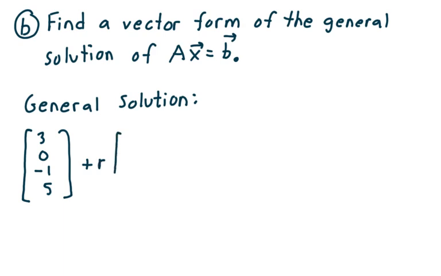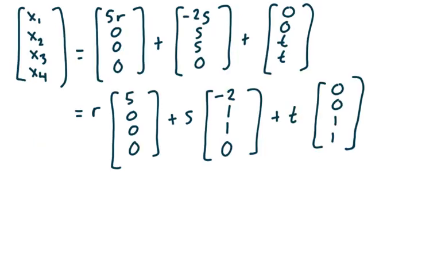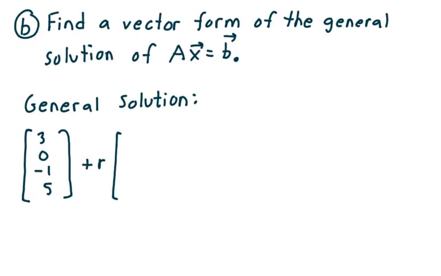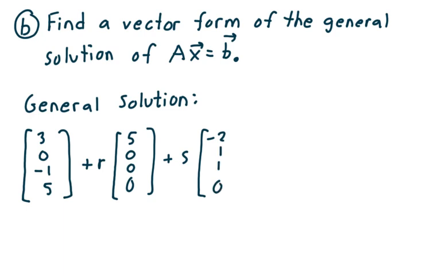So I'm going to take r times (5, 0, 0, 0), plus s times (-2, 1, 1, 0), plus t times (0, 0, 1, 1).